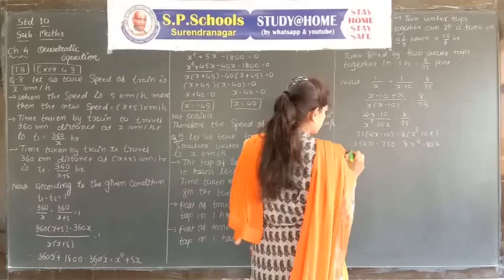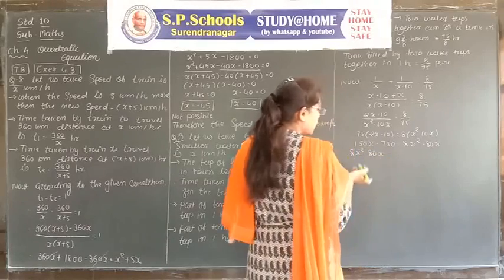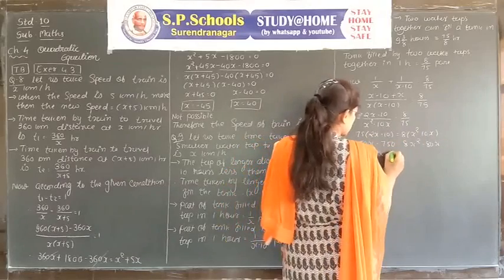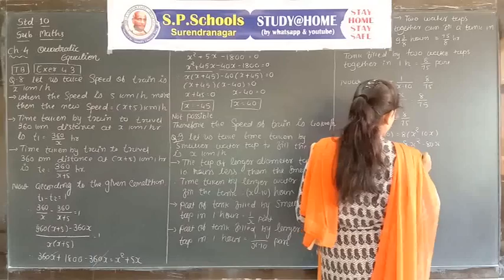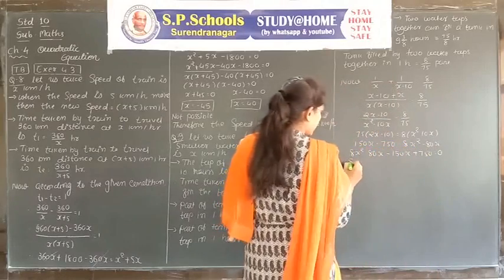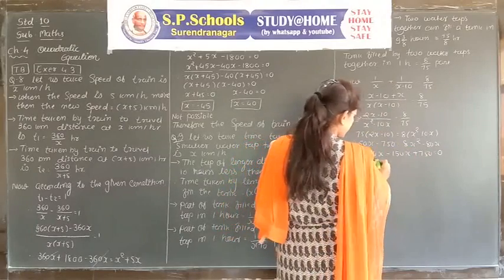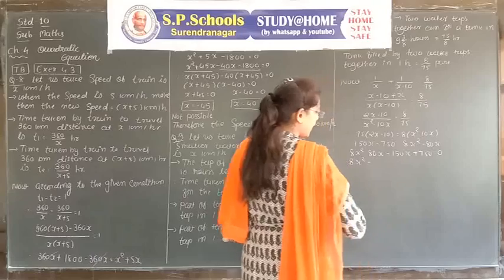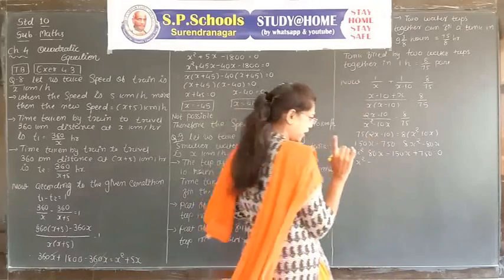To make an equation, 8x square minus 80x remains as it is, we shift 150x from left hand side to right hand side, and minus 750 from left to right, which is plus 750, is equal to 0. 8x square, plus 150 and 80, we have to add them.